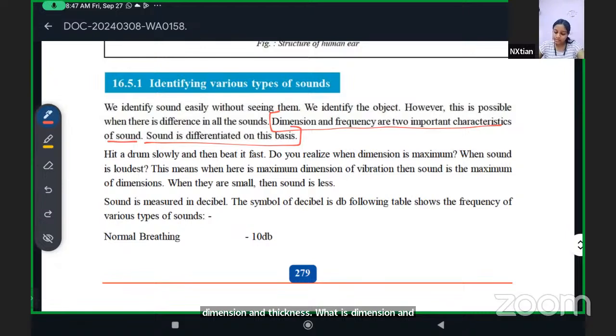This means hit a drum slowly and then beat it fast. Do you realize when the amplitude is maximum, the sound is loudest? When there is maximum amplitude of vibration, the sound is of maximum amplitude. When the vibrations are small, the sound is less. Basically, amplitude depends on vibration.